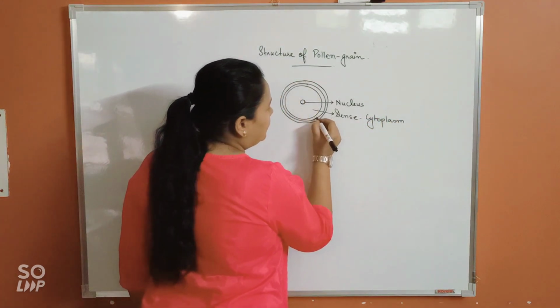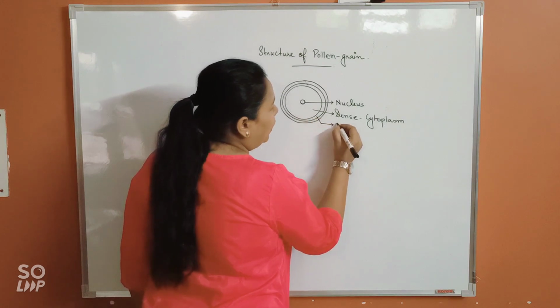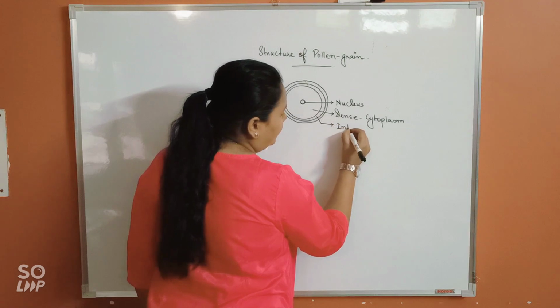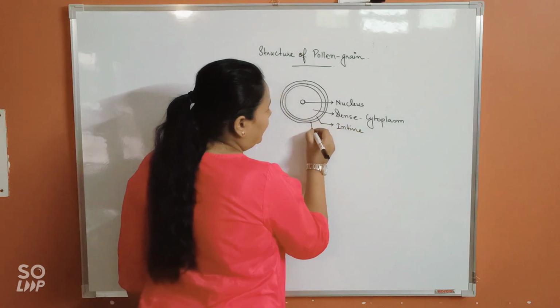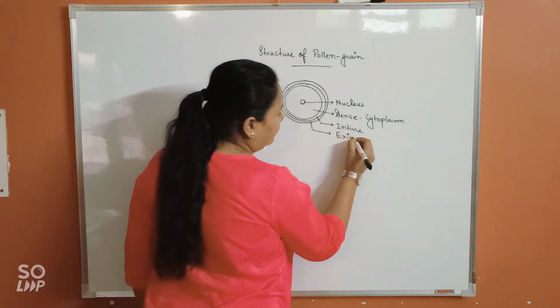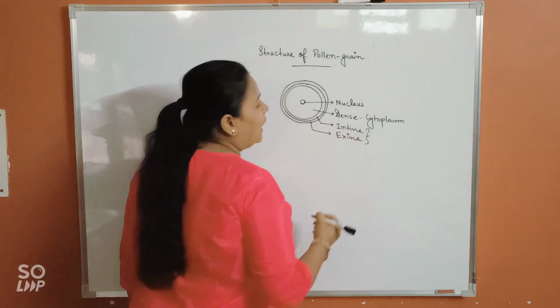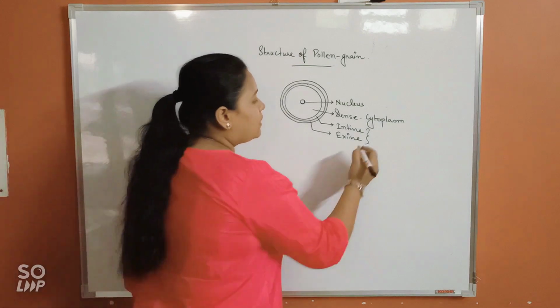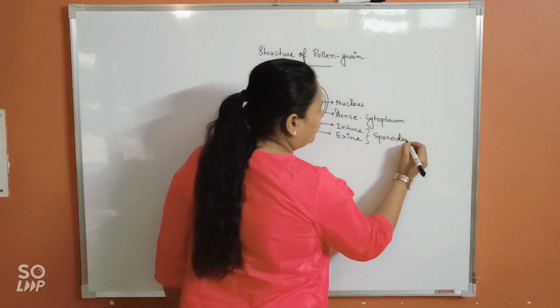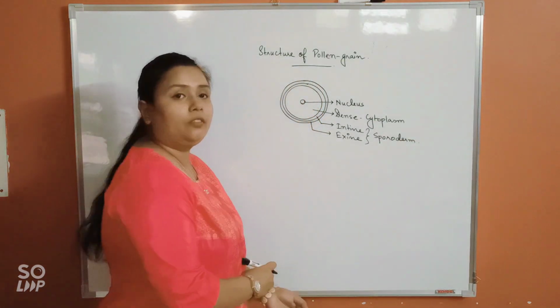And this is the inner wall that's called intine. And this is the outer wall that's called exine. Together, intine and exine are referred to as sporoderm. Alright.